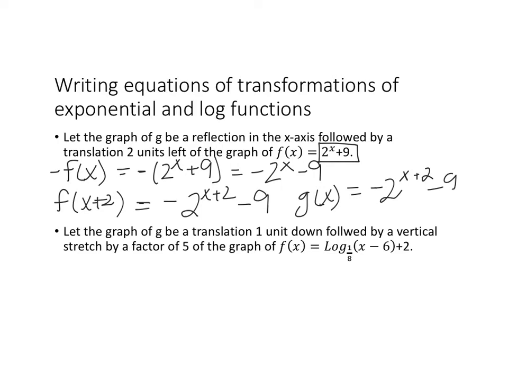Our next transformation is on a log. Let the graph of g be a translation 1 unit down, so that's going to go first, followed by a vertical stretch by a factor of 5 of the graph f of x equals log base 1/8 of x minus 6 plus 2.